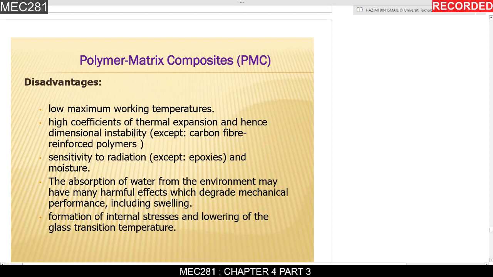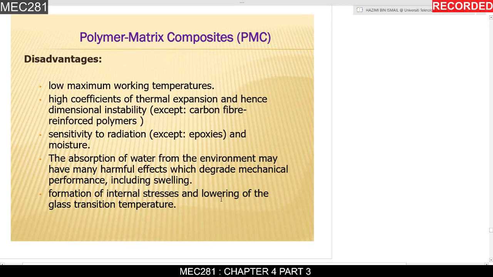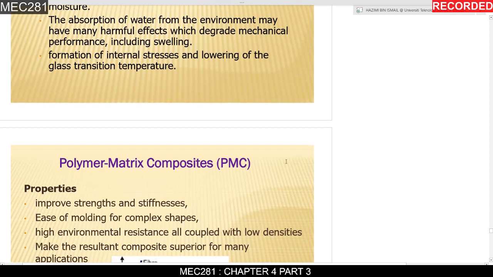So it can change form in certain situation, and sensitivity to radiation. The absorption of water from the environment may have many harmful effects, which degrade mechanical performance, including swelling. Okay, and also formation of internal stress and lowering of the glass transition temperature.